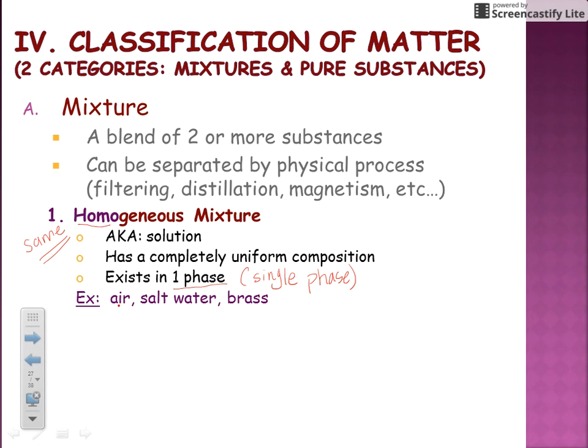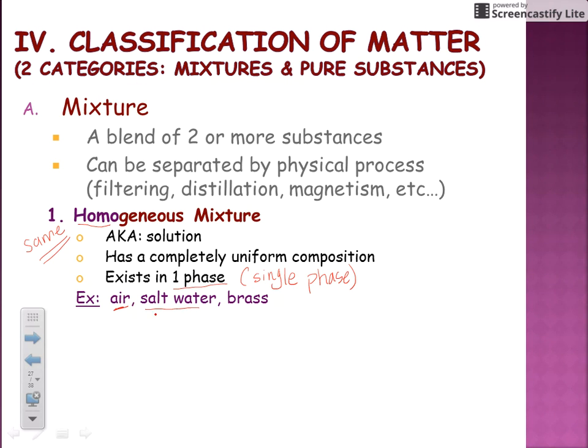Some examples of homogeneous mixtures that you would be familiar with is like the air in the room. So you look around you at the air around you and you don't see the oxygen and the nitrogen separate. It all looks the same. It's homogeneous. Salt water, when I dissolve salt in water completely, it's going to be in one phase.